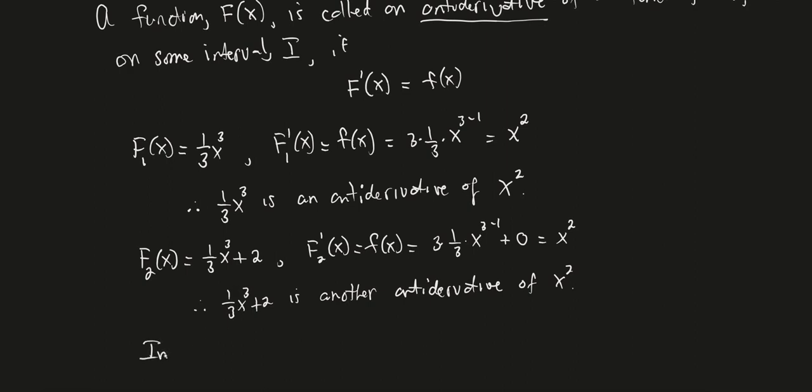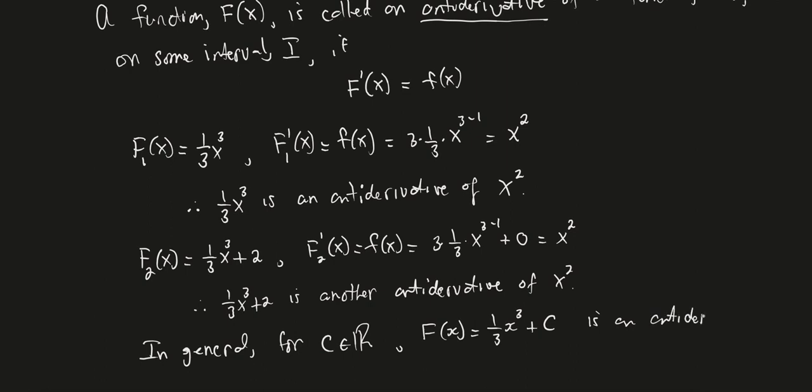In fact, so we're going to say this. In general, for any constant c that is an element of the set of real numbers, so any real number, if I do big F of x equals 1/3 x cubed plus that constant, this function is an antiderivative of my x squared.